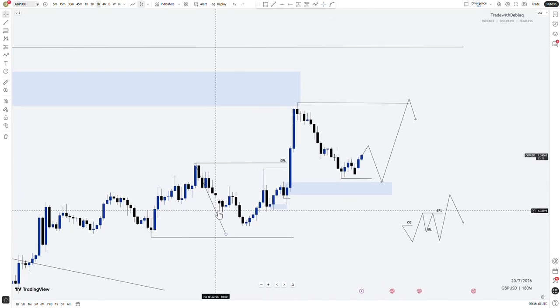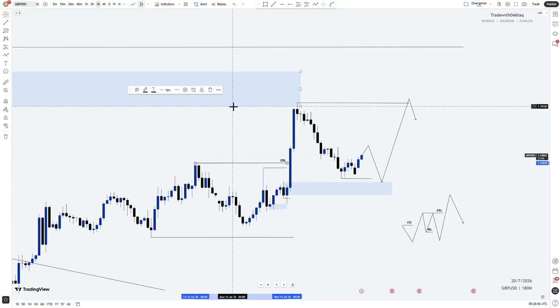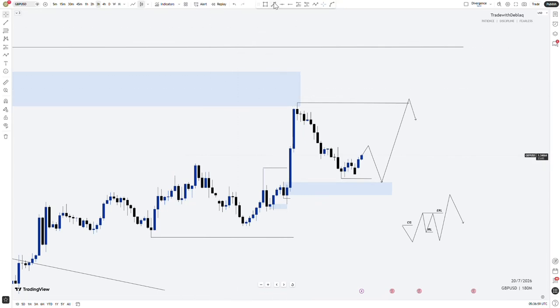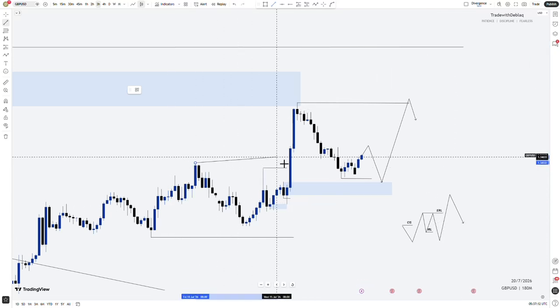Very clean. So I'll be waiting for price to take out this liquidity, and then I can start buying till I take out this high first. When I take out this high, then I will know what next to do, if price is still going up here, or another thing will happen.